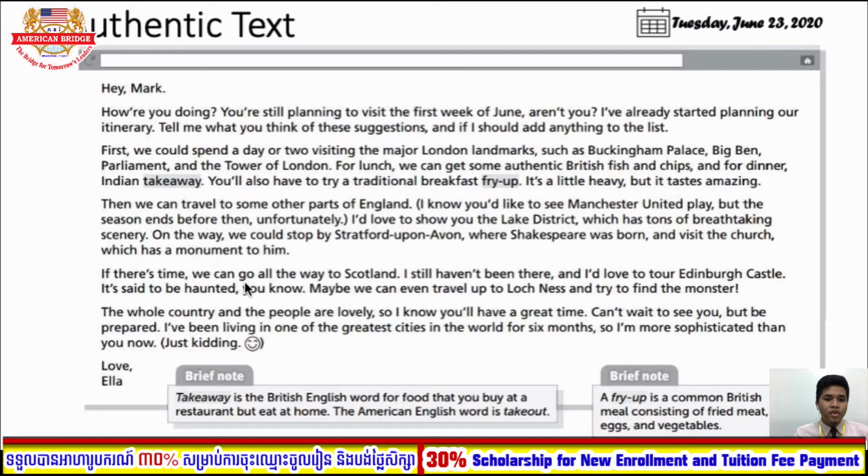If there's time, we can go all the way to Scotland. I still haven't been there and I'd love to tour Edinburgh Castle. It's said to be haunted, you know. Maybe we can even travel to Loch Ness and try to find the monster. The whole country and the people are lovely, so I know you will have a great time.